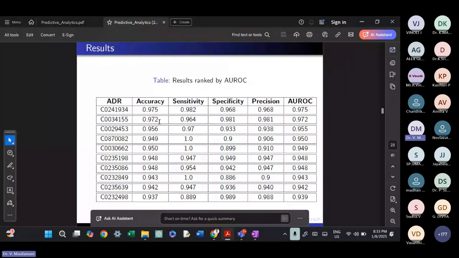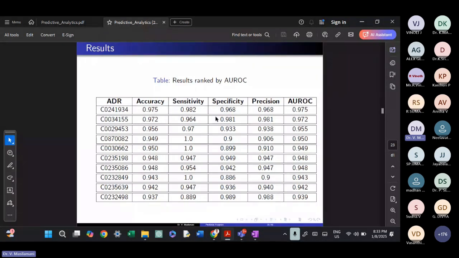Let us look at how much accuracy, precision, recall, and so on we get. In the first column, the ADRs are reported. For each ADR, this is the ADR number. For instance, this may correspond to some liver injury and so on. And the accuracy we got is 0.975.